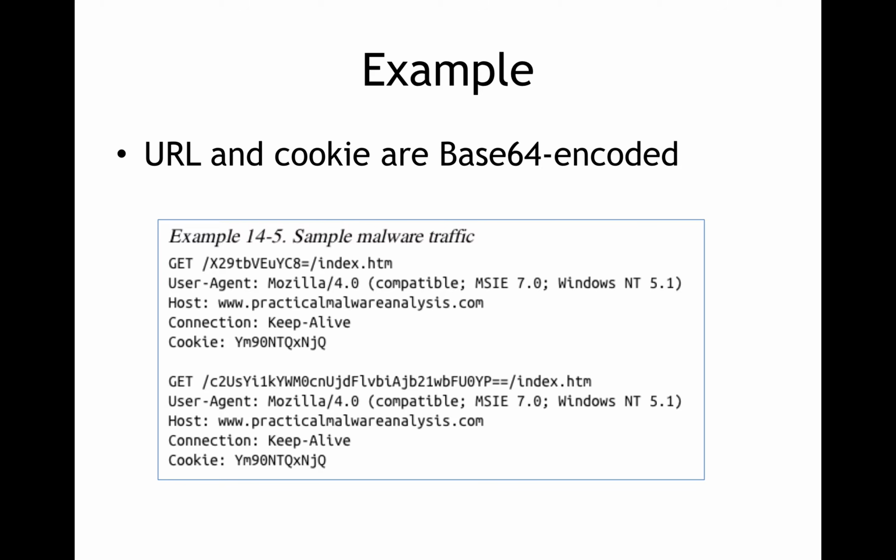All right, and so here's an example of a URL and a cookie that are both base 64 encoded. Normally you don't see things like this where you're going to get a page like that, because a page is typically like this. Looks like a directory in which there's a page, and that is of course false. Nobody has a directory with a name like that. This is data being snuck out of the company in things that look like GET methods.